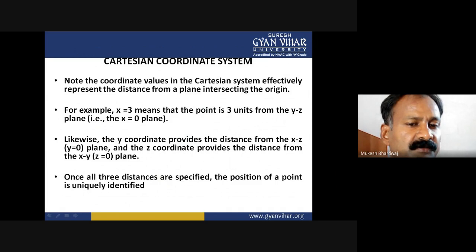Likewise, the y coordinate provides the distance from the xz, y equals 0 plane, and the z coordinate provides the distance from the xy, that is z equals 0 plane. Once all three distances are specified, the position of a point is uniquely identified.